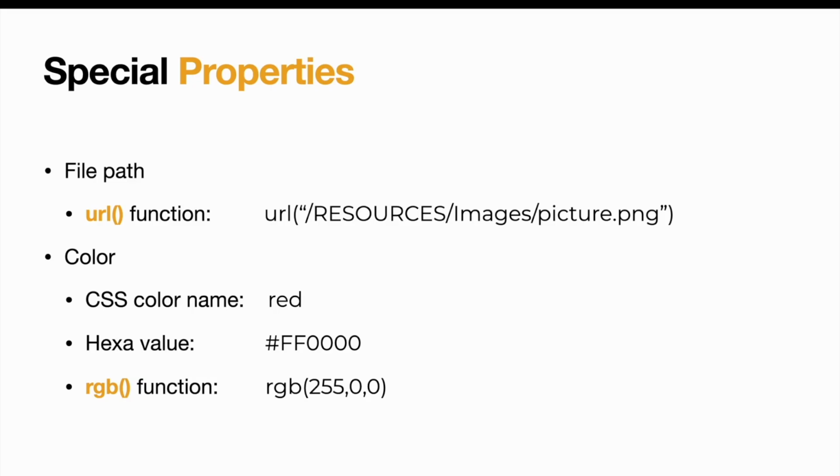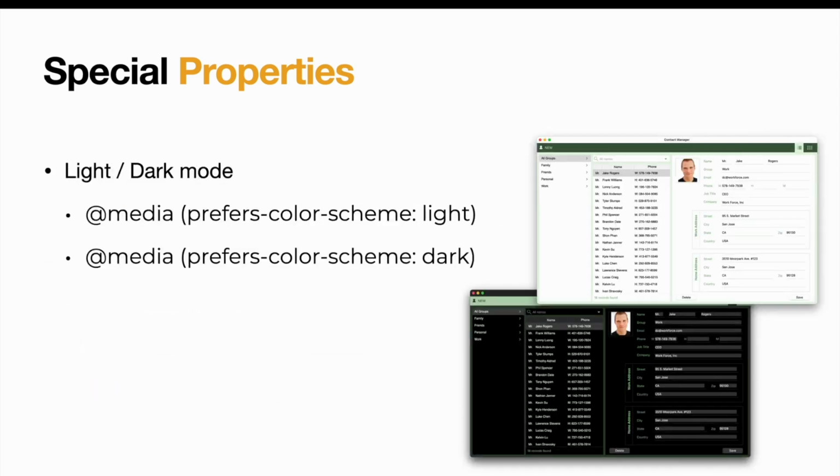It's very handy for styling buttons, background images, or icons. Another very useful feature is support for media queries. With the media rule, you can adapt your style based on the OS light or dark theme. It lets you offer a consistent experience automatically adjusted to the user's preferred theme. Let's play with this property and see what happens.